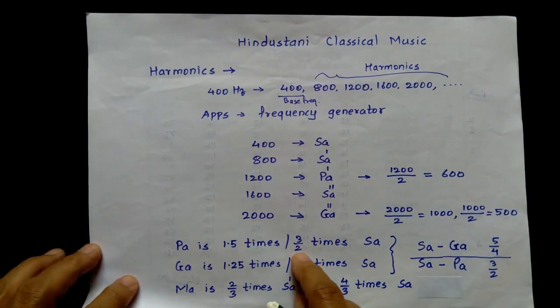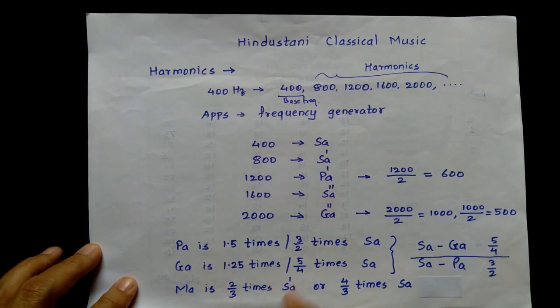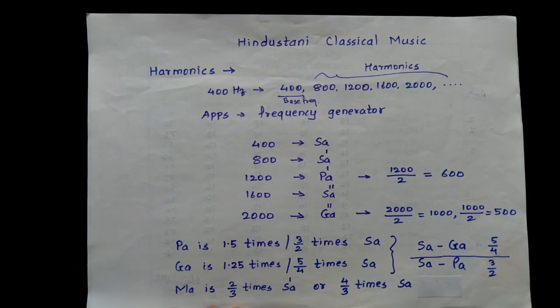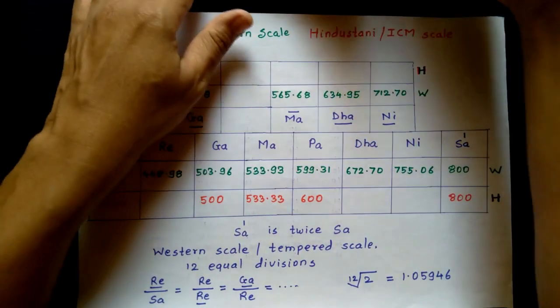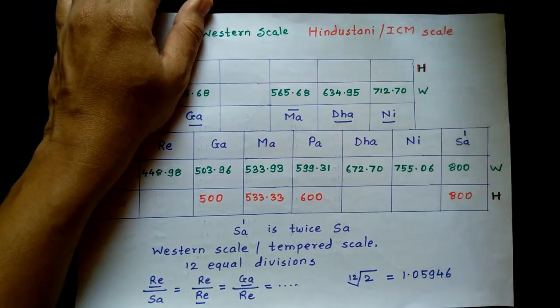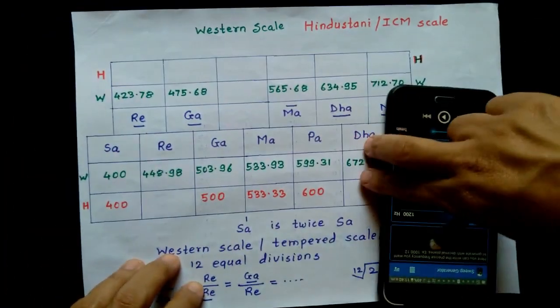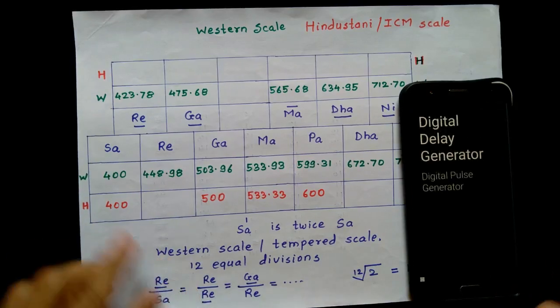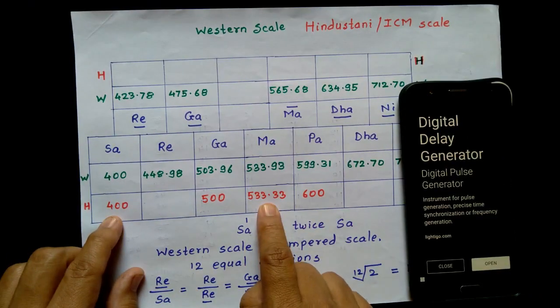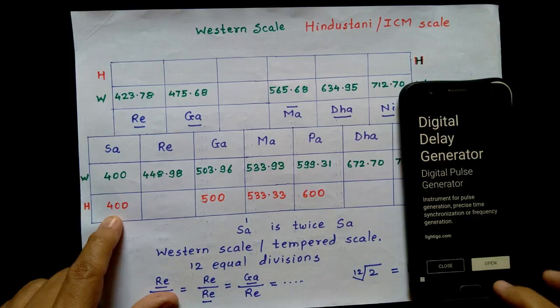It is 3 by 2. So Ma will be 2 by 3 of upper Sa, or 4 by 3 times the reference Sa. So we have to just multiply the frequency of Sa by 4 by 3 in order to get Madhyam in Hindustani classical music.